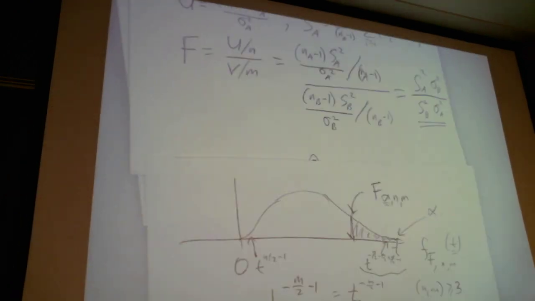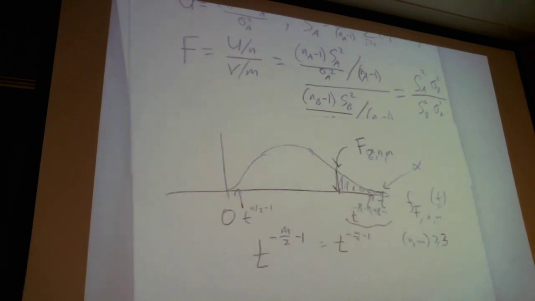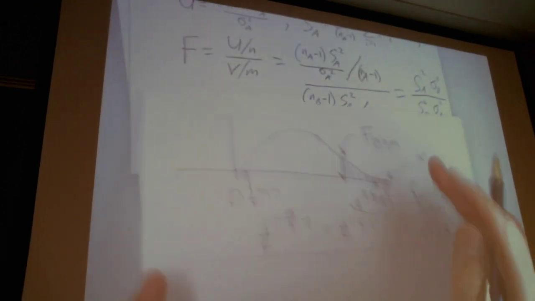That's an F distribution. So we're done. Let's compute. So, I'm running out of room.